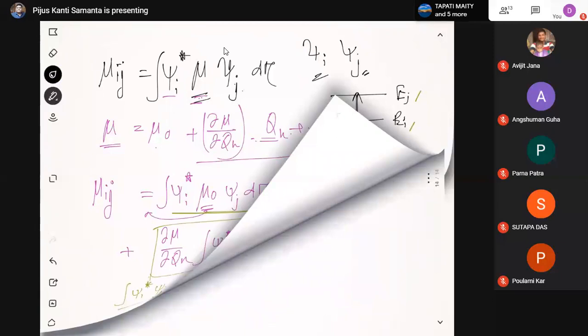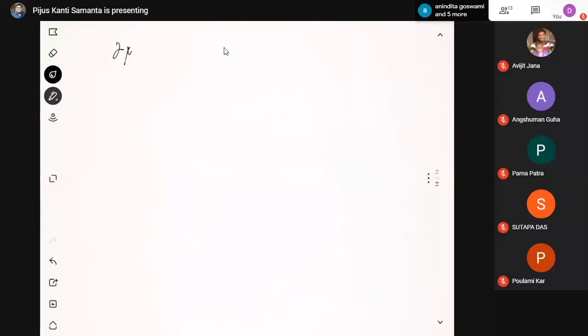Let us write the dipole moment about the origin. This must be known. For the dipole moment of the molecule, if we use normal coordinates, then obviously there are several components of the dipole moment.